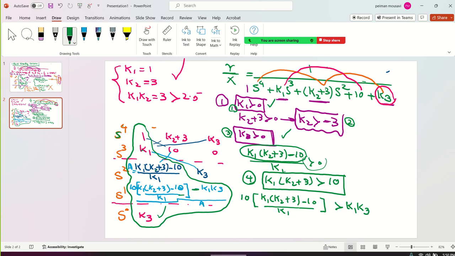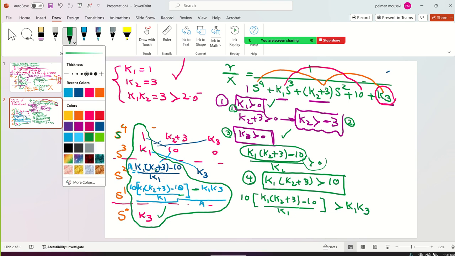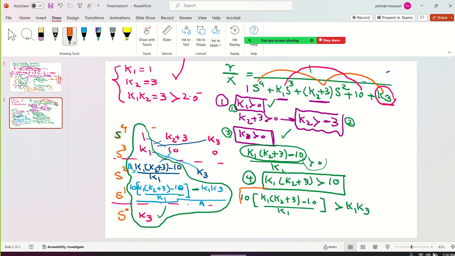I'm moving it here to the other side. So this is the stability number 5 relation. There we go. Now any numbers that you are giving to the gain of the controller, or your system where you don't know the range of the parameters, you have to select such that these conditions 1 to 5 are satisfied. For example, I say okay, I'm selecting K1 as 1.